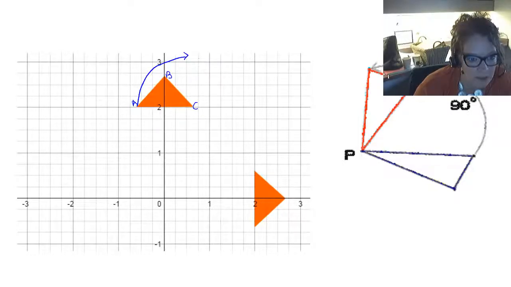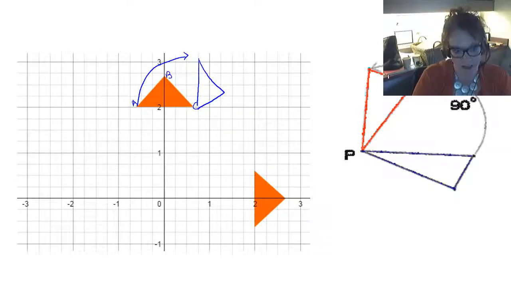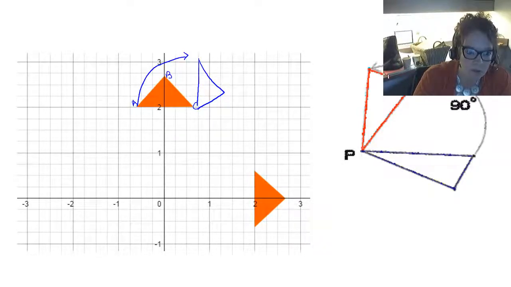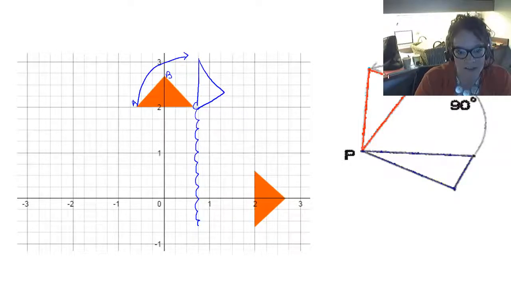Which then would make it look like this, right? Which is kind of similar to that bottom triangle that they have down there. And then they must have moved point A down 1, 2, 3, 4, 5, 6, 7, 8, 9, 10, and a little bit. So that one's tricky. So they moved it down a bit, and then they moved it over. 1, 2, 3, 4, 5. So you could do it like that.